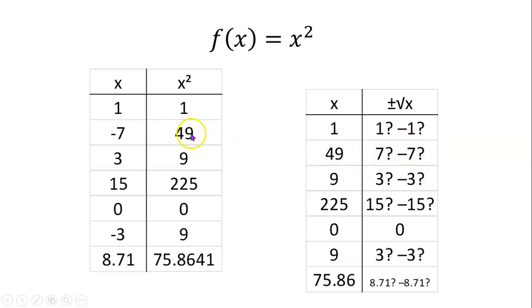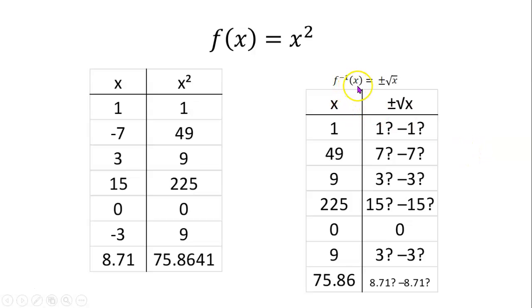So if I ended up with 49 here, I don't know whether I started with positive 7 or negative 7, because either one, if I plug it into the function x squared, I'm going to get 49. I can plug in either 3 or negative 3 and get 9. So if I want to undo that, I don't know whether starting from 9, I should go back to positive 3 or negative 3. Again, this is not a one-to-one function. So I can't undo it. It doesn't have an inverse.